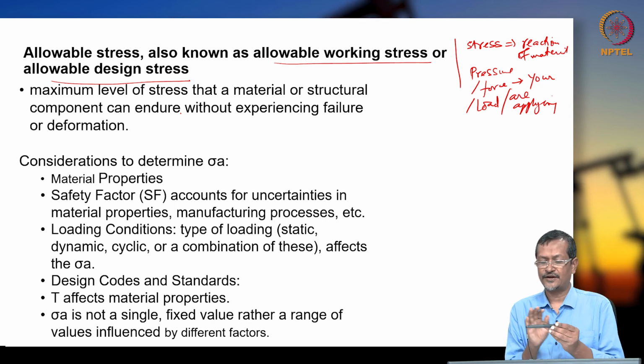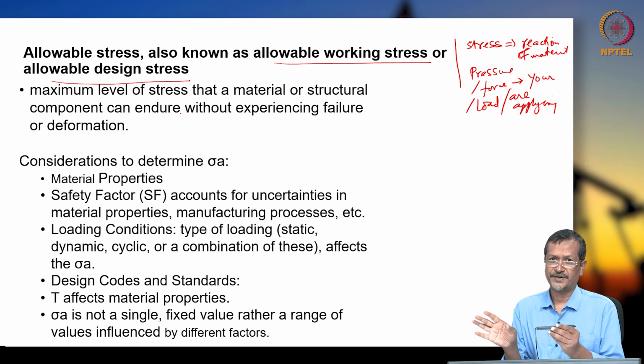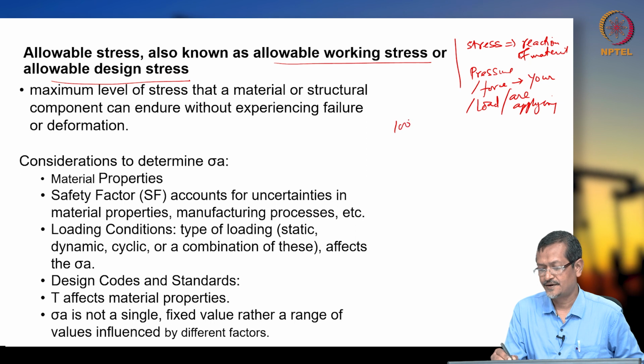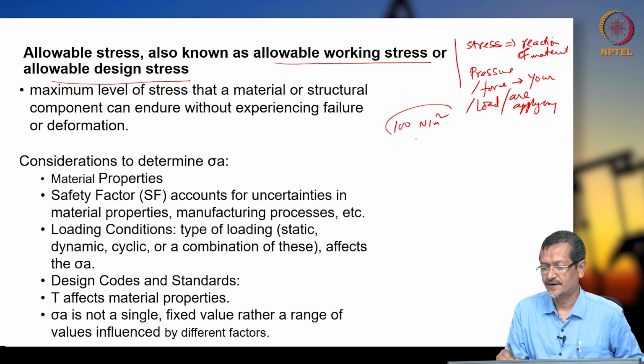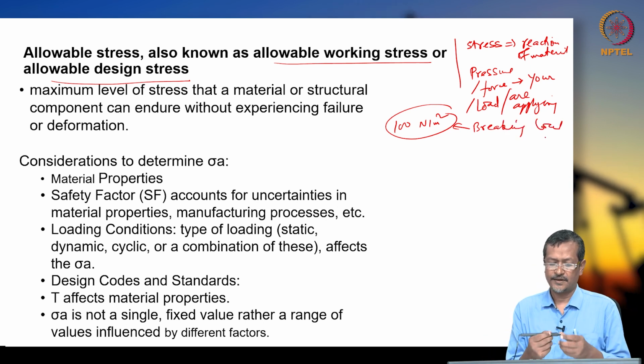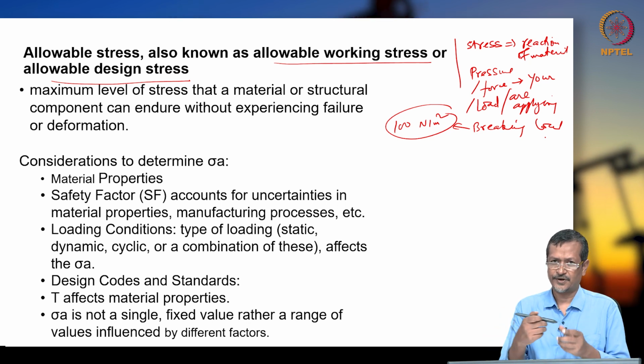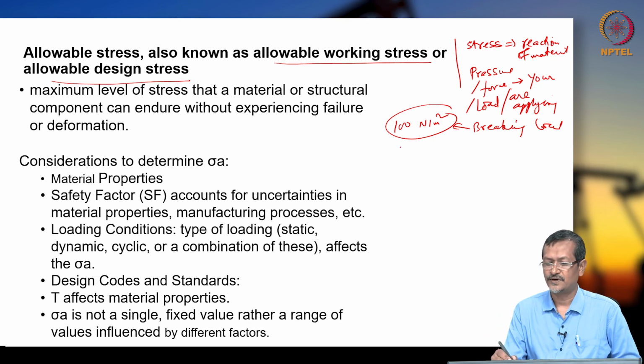I will not tell them the endurance limit or anything. I will say you can use only 50 Newton per meter square. Certain material has a breaking load. If you apply load here, it will break. But when I am selling this product, I will tell the customer use only 50.